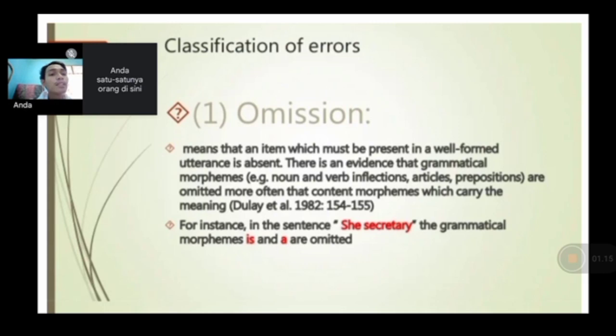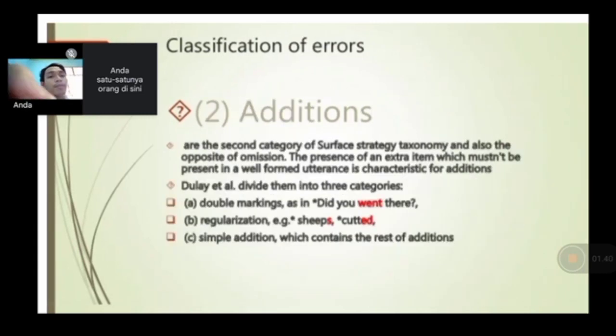There is evidence that grammatical morphemes, or we can read as noun and verb inflections, articles, prepositions, are omitted more often than content morphemes which carry the meaning. For instance, the sentence "She's secretary." The grammatical morphemes is and a are omitted.